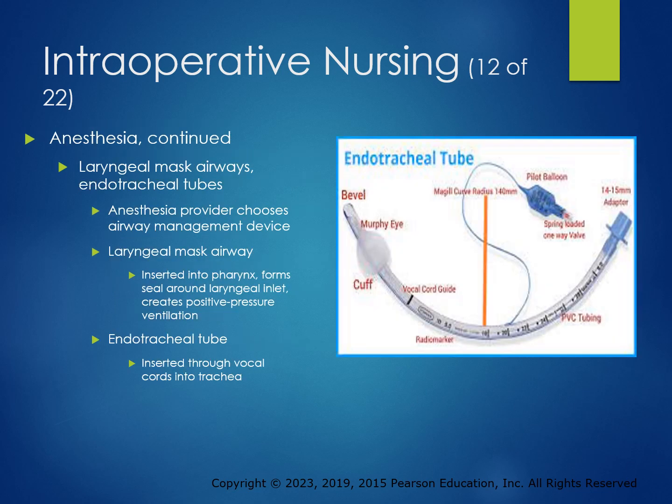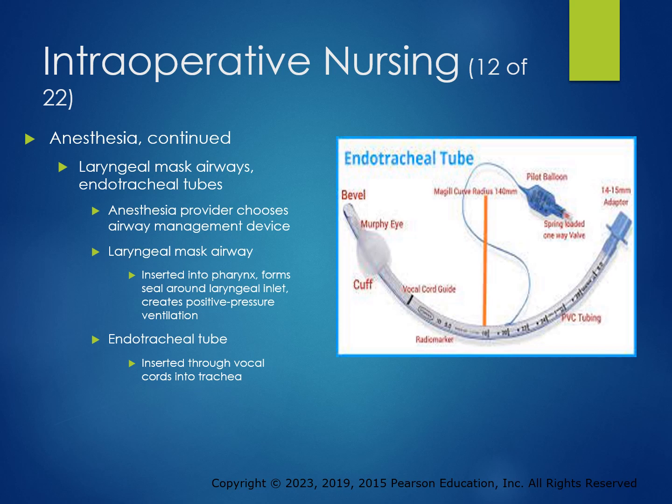And then it talks about the different ways of being intubated and the types of equipment that they use, the endotracheal tube. And it gives you some good pictures here of the different types of tubing. For the laryngeal mask airway, the anesthesia provider chooses airway management devices.